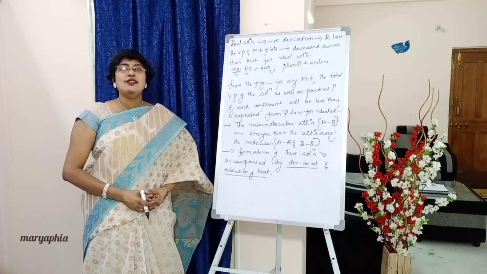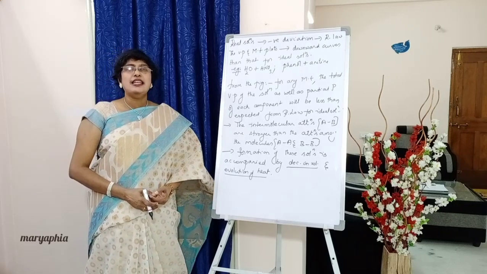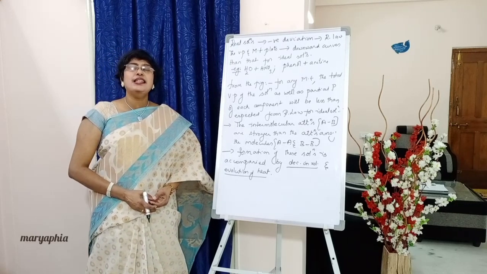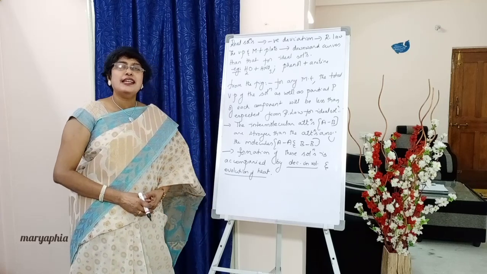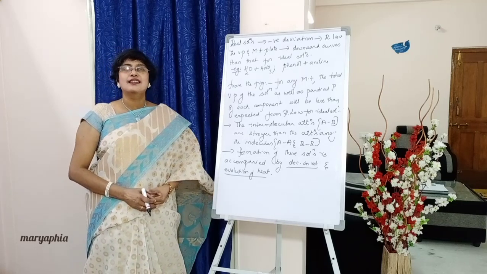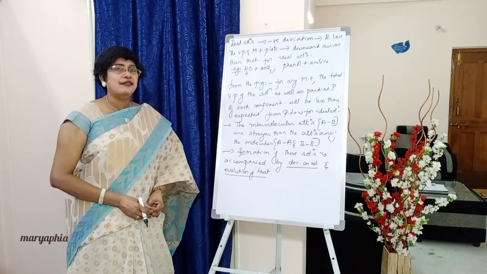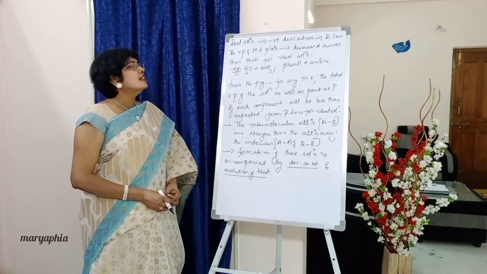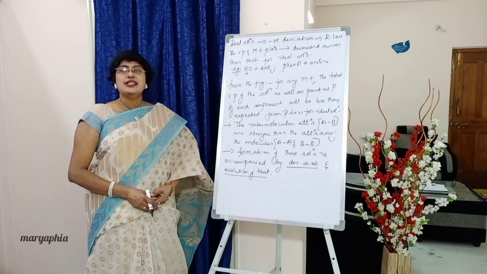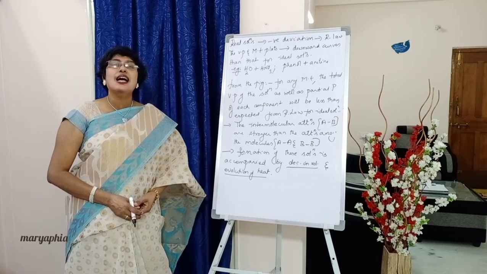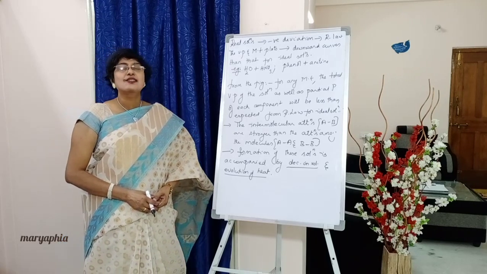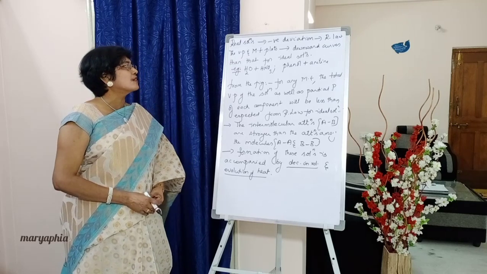Write down real solutions showing negative deviation. This is what we call, students, negative deviation. Real solutions showing negative deviation from Raoult's law are called type 3 solutions. Type 3 solutions. Full stop.